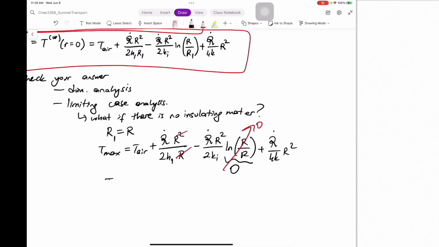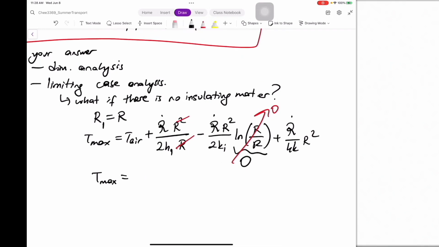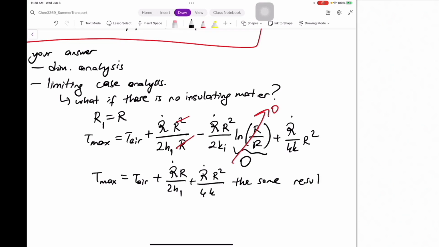And if you actually write it in a rearranged form, if you do the simplifications, you get exactly the same thing as you found in the previous example, right? The same result as before when there were no insulators.